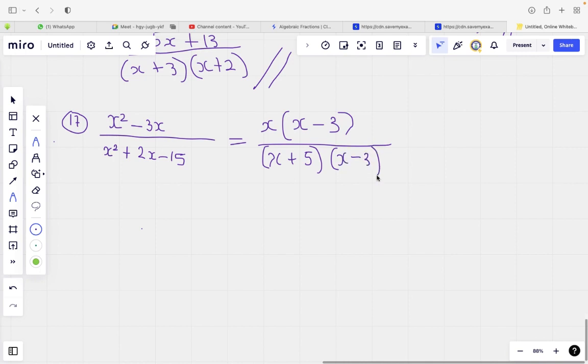If you look at the numerator, you also have x minus 3. So x minus 3 on top can cancel the x minus 3 at the bottom. We will be left with only x over x plus 5. So you see, this is great already. That's the answer. So you have one more to give us?